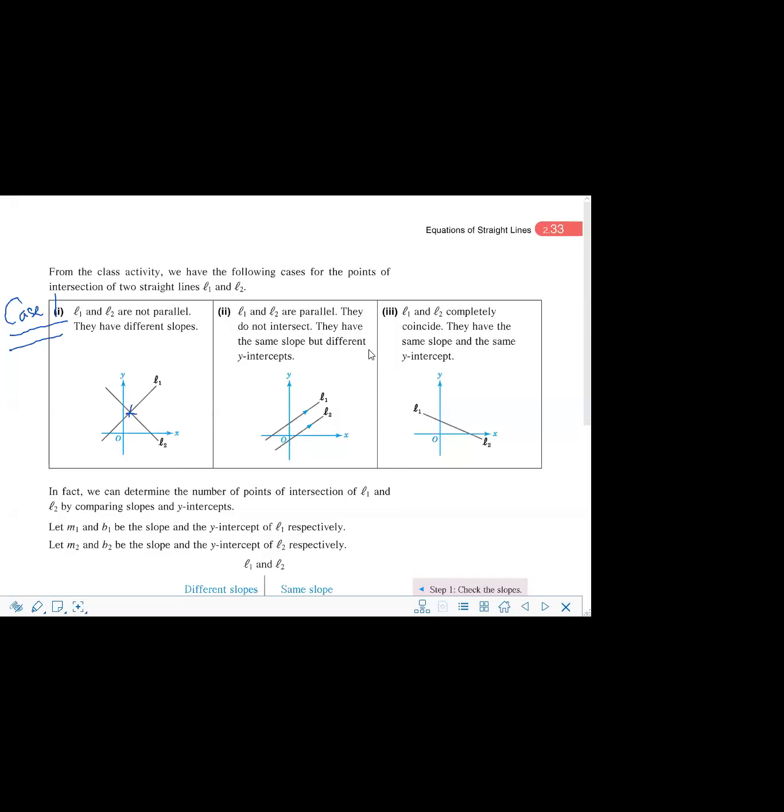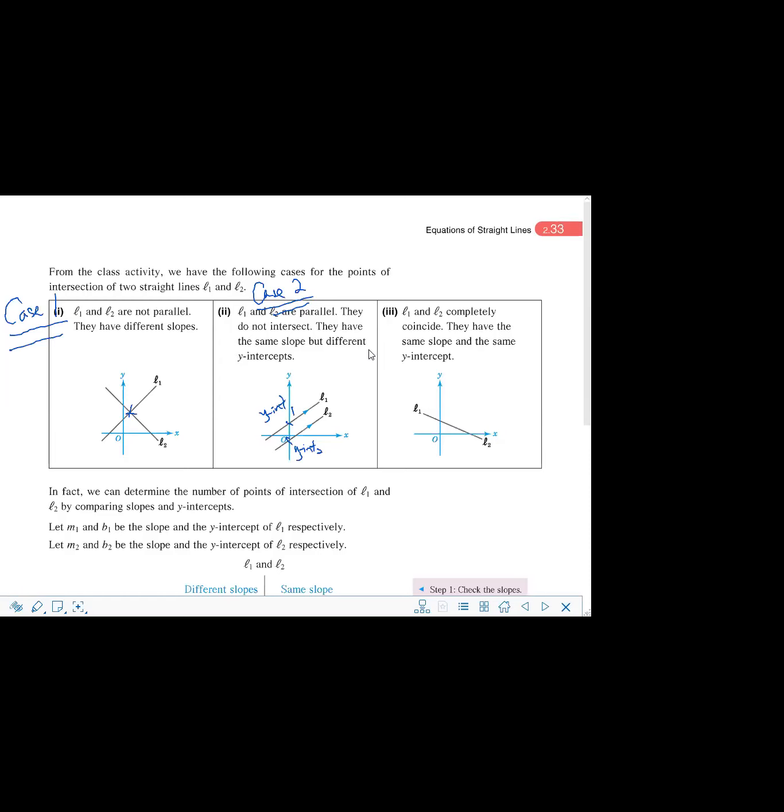So it is only one intersection point here. And then for case two, the second case, if L1 and L2 are parallel and they have different y-intercepts, y int 1 and y int 2, and they are different, then they are just a pair of parallel lines.